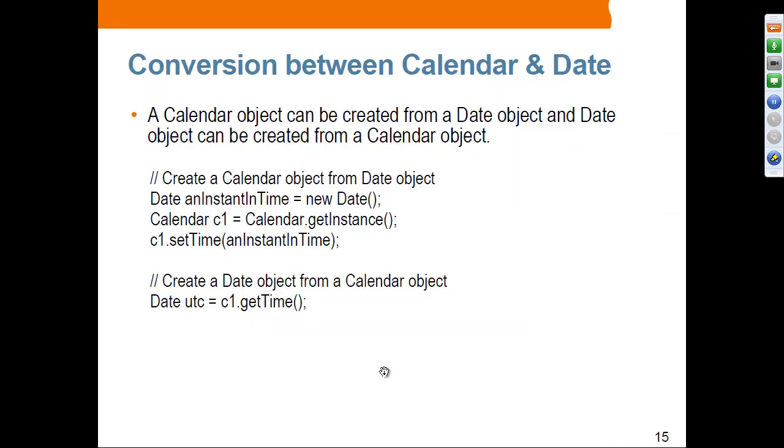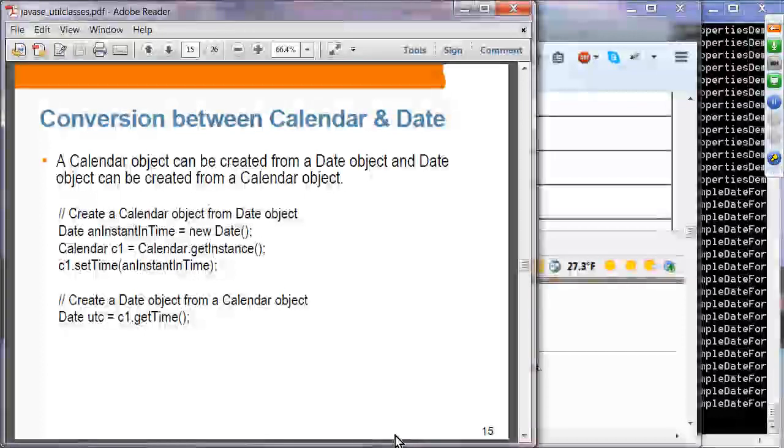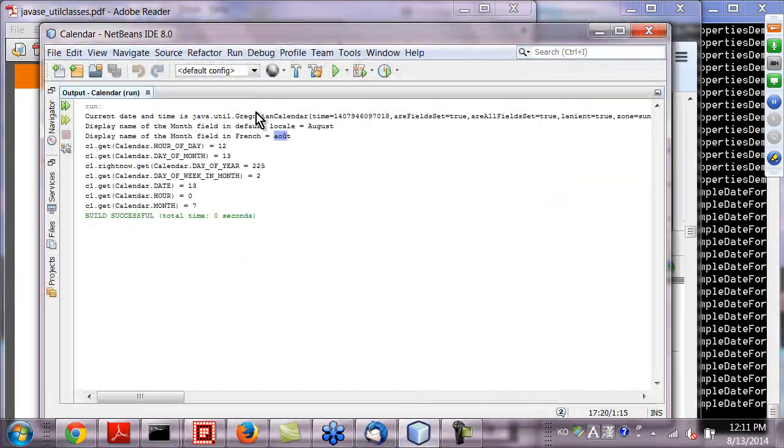We have seen automatic conversion from date to calendar when you call the toString method. In fact, when you try to print out the date object, it will automatically convert to calendar.